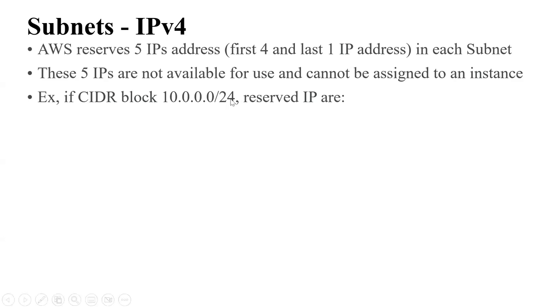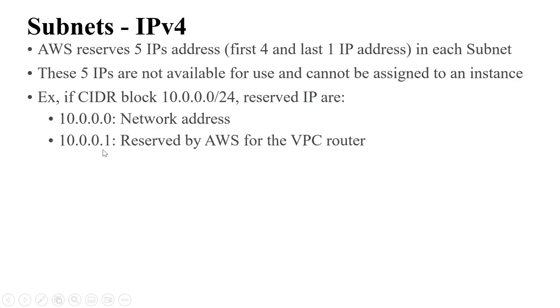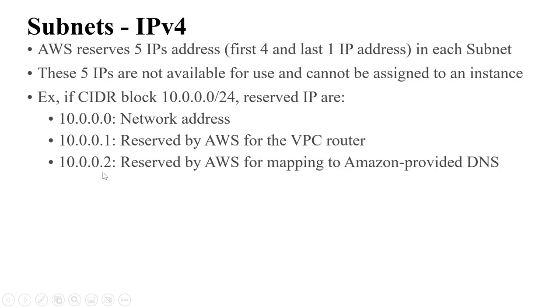From this subnet CIDR, the first IP address, 10.0.0.0, is used for the network address. 10.0.0.1 is reserved by AWS for the VPC router, 10.0.0.2 is reserved by AWS for mapping to the Amazon provided DNS, and 10.0.0.3 is reserved by AWS for future use.